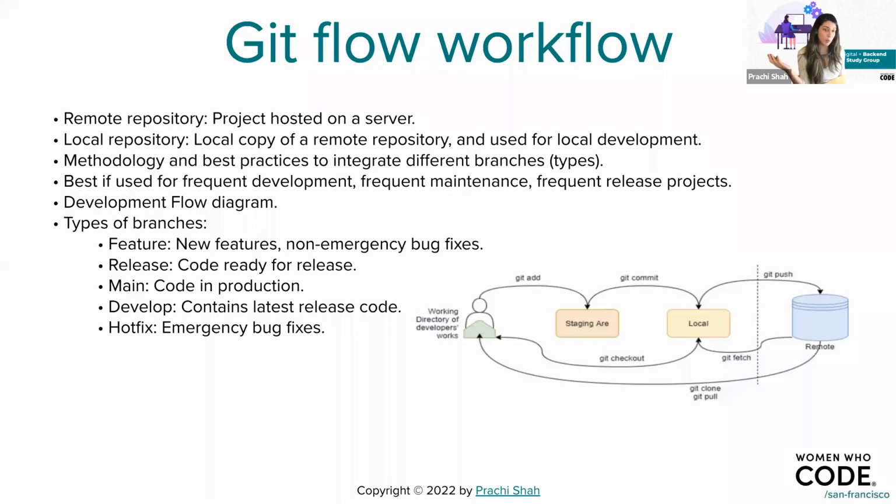Like release can go on mobile apps, and main can go on the web application. You can decide. This is what Git Flow does. It gives you the freedom to deploy a different version of your code to different environments at a different point in time. And with develop, usually you don't branch off of main, you branch off of release, and then you can add more changes to it.